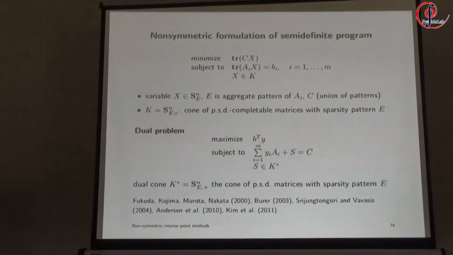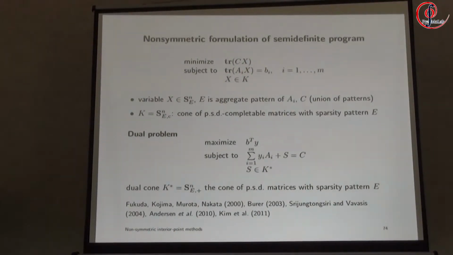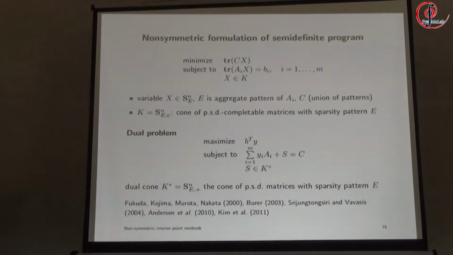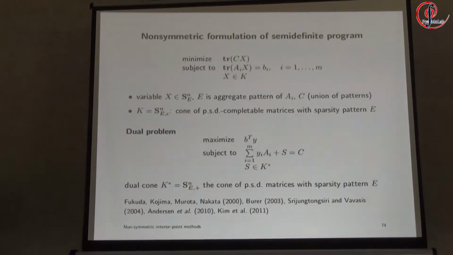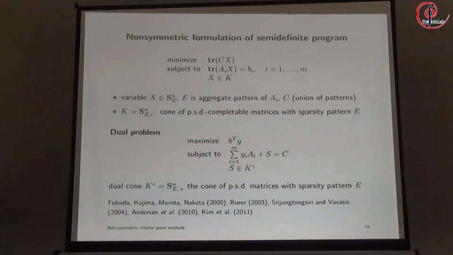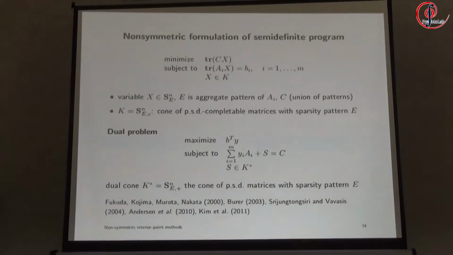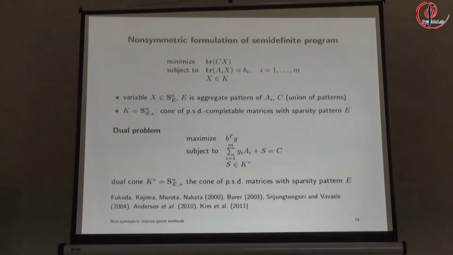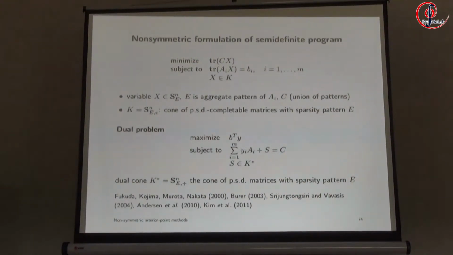If X is in this set, it's sparse but has a completion, then you don't have to worry about the other entries. Because you know they exist, and all you need to know to solve the problem, to evaluate the other constraints, is that there exists an X that makes this positive semi-definite. So the advantage is now we work in a much lower dimensional space for X. For example, in a banded sparsity case, X is no longer a full symmetric matrix, but a band matrix. So it's much lower dimensional. And if you take this, it's equivalent to the original SDP.